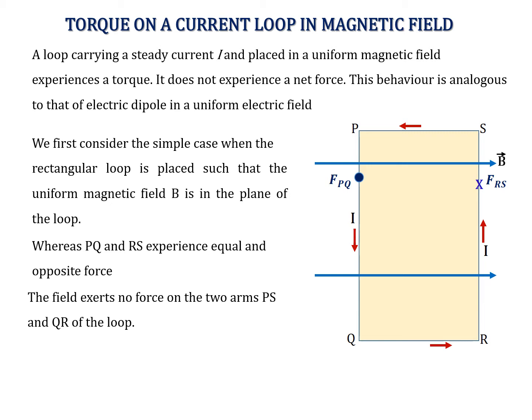So, PS and QR will not experience any force. Hence, we can say the net force on the loop is 0. But the forces on PQ and RS being equal and opposite, separated by some distance, will form a couple, and they will rotate the loop in the magnetic field.